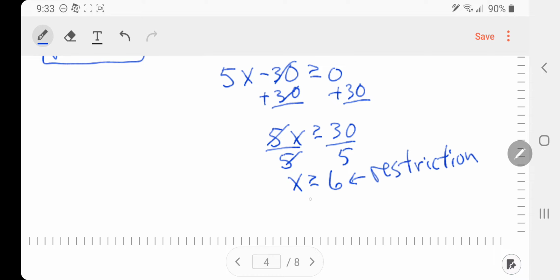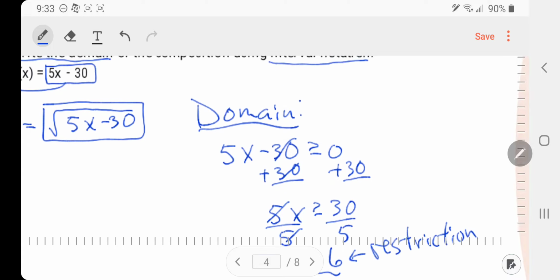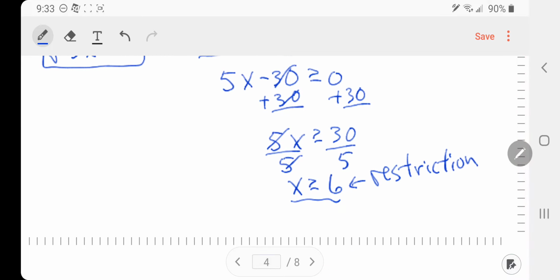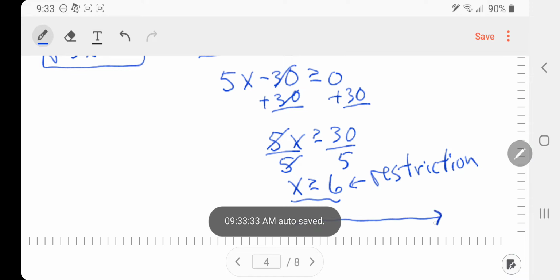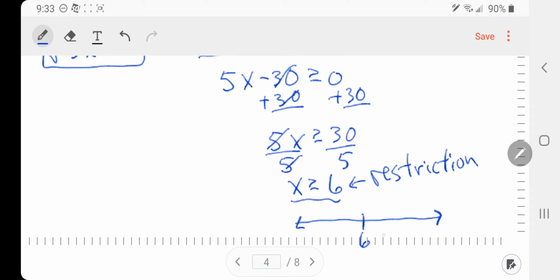Okay. What we need to do is turn that into the domain. So if we look at this on a number line, we know that x has got to be greater than or equal to 6. The greater than or equal to says that's going to be a solid dot, and it's going to shade everywhere bigger than 6. So that's the values that x can be. Everything starting at 6, including 6 because it's solid, and greater than 6.